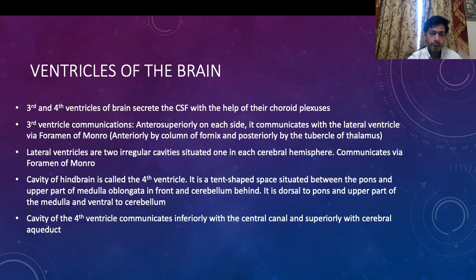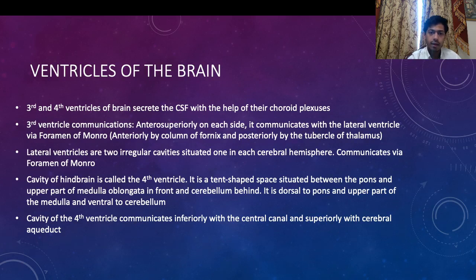So we've got 3 different ventricles in the brain. We have the third ventricle, the fourth ventricle, and also the lateral ventricle. The third and fourth ventricles secrete the CSF, which is cerebrospinal fluid, with the help of their choroid plexuses.